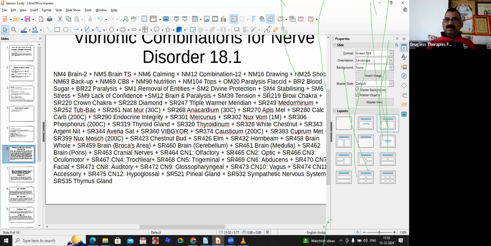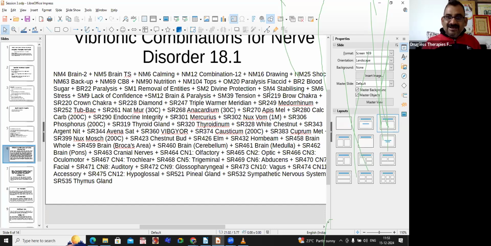Through SM1 removal of entity. Removal of entity and divine protection are wonderful pairs. Just like you remove something, then you fill with white light, with divine light. So it is also taken under the nervous tonic. See how beautifully they are covered in this.